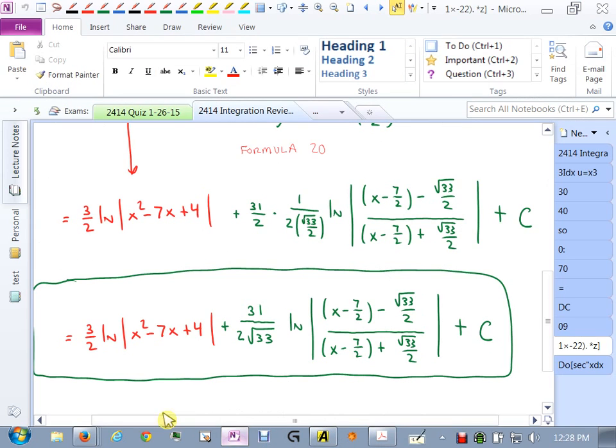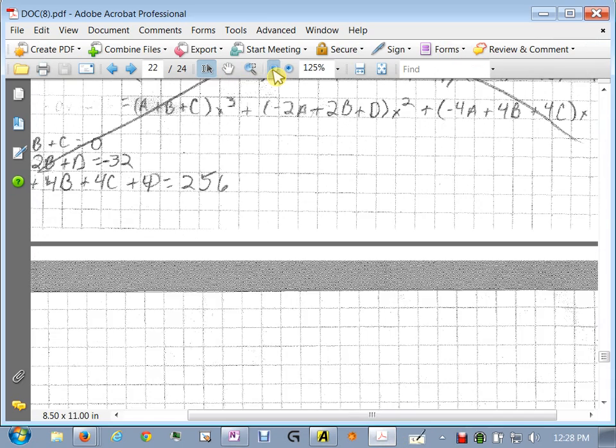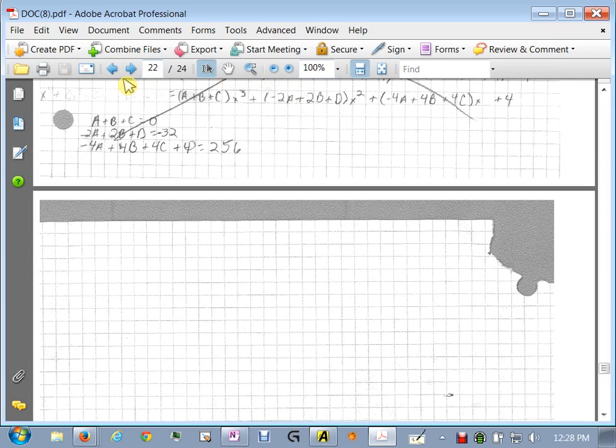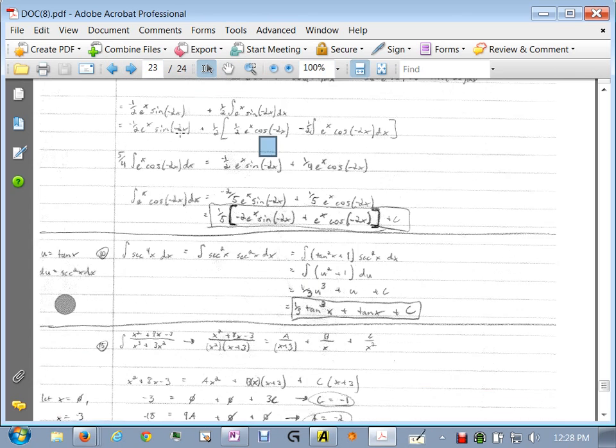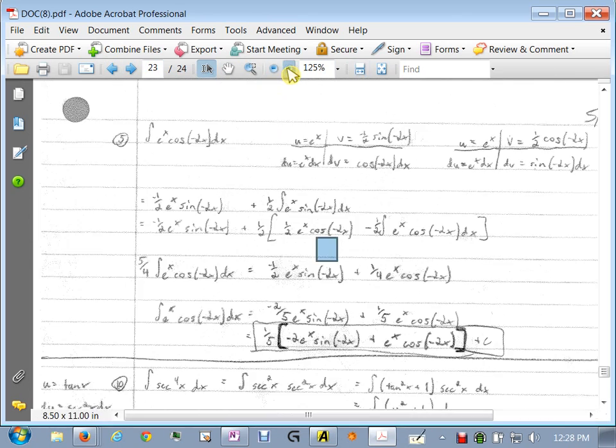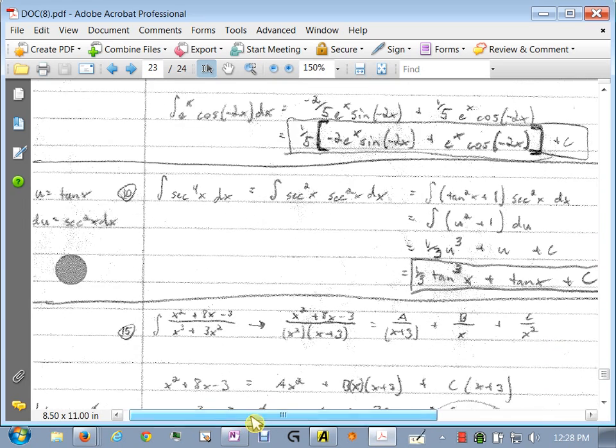All right, last one, 10. I heard this one was easy. So who's doing 10? Someone told me it was easy. All right, go ahead. Secant to the fourth.